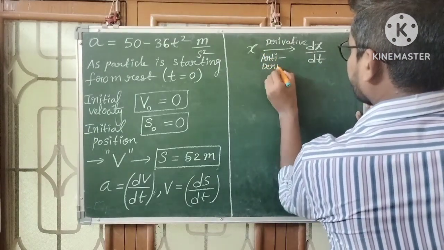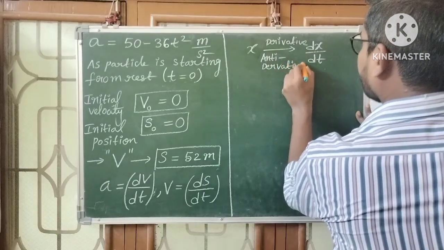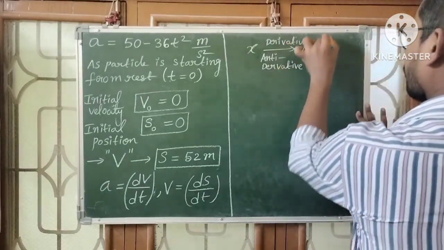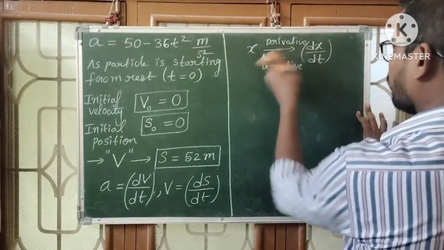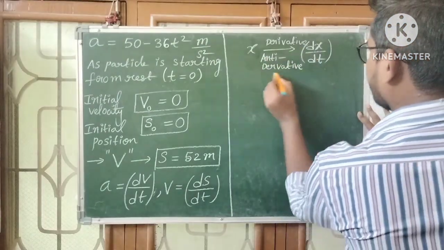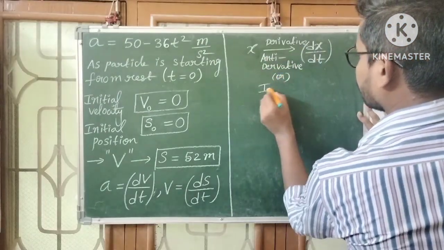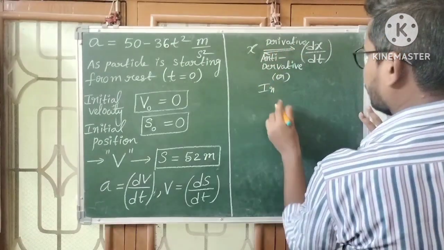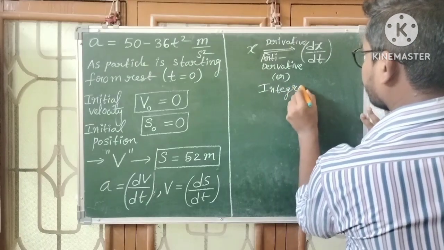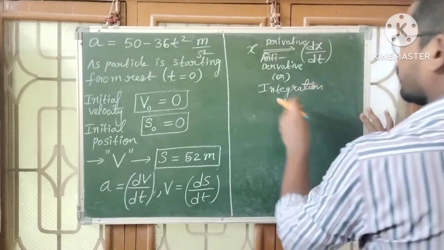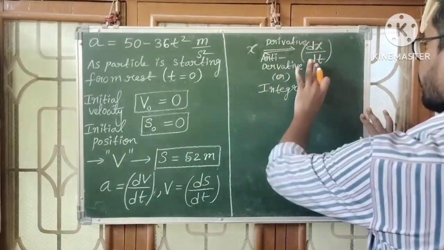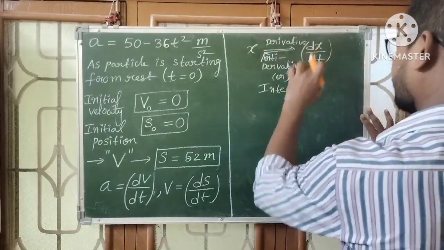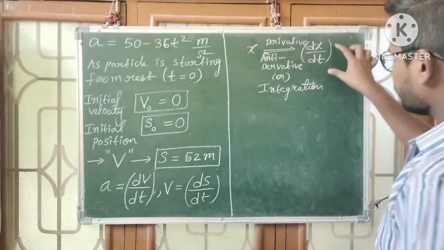The process of finding the antiderivative of a function is called integration. So derivative has the opposite process, antiderivative or integration. The derivative of x is dx/dt, and the antiderivative of dx/dt is x. So what is the use of this concept here?